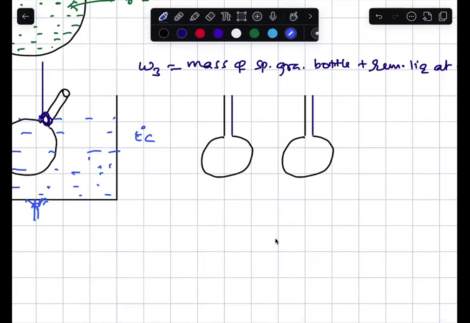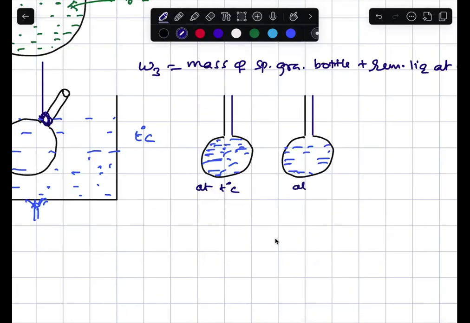The liquid inside the capillary tube at T degrees centigrade, this is what you are seeing.